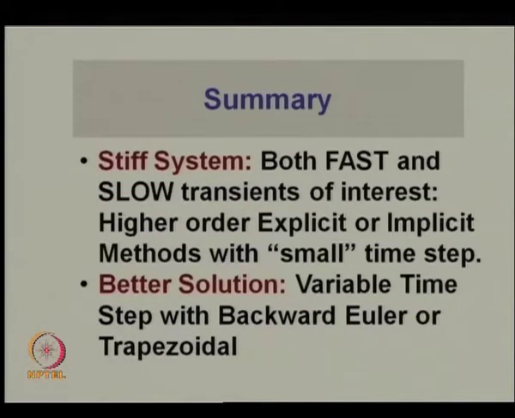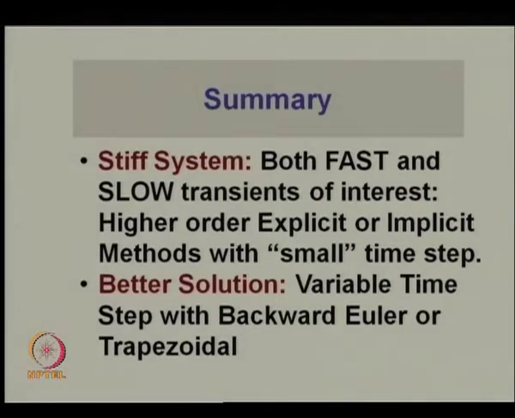If you have a stiff system and both fast and slow transients are of interest, you can use higher order explicit methods or implicit methods with a small time step. That small of course corresponds to the fast transients, the time constants or frequencies associated with the fast transient.